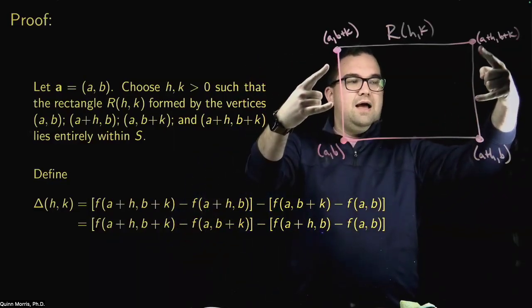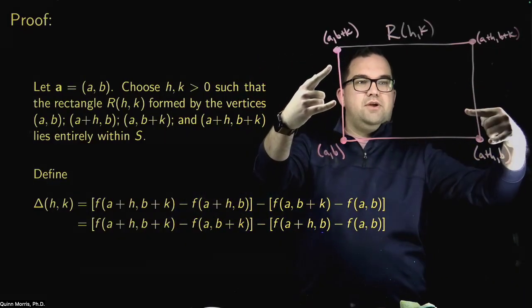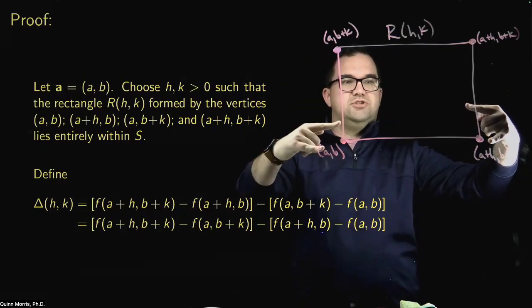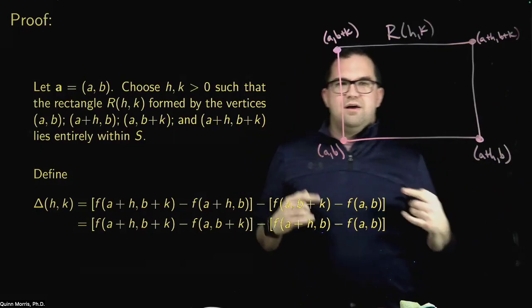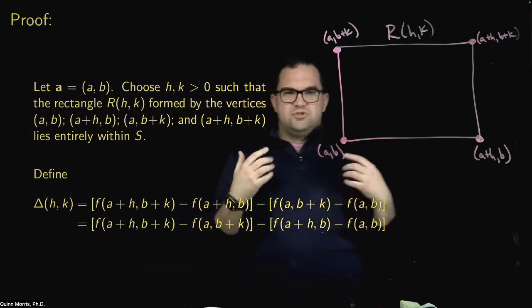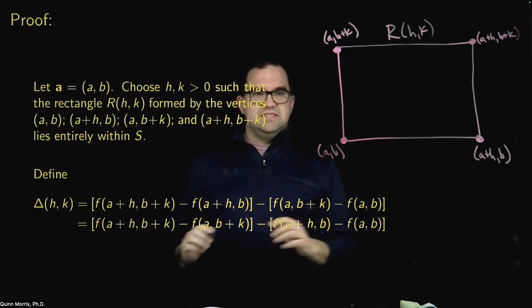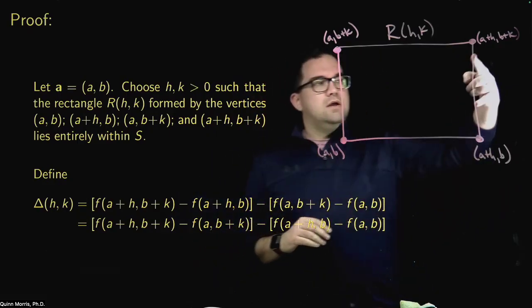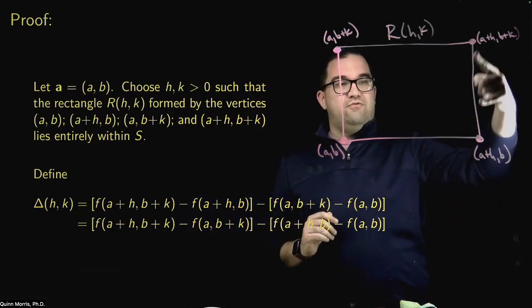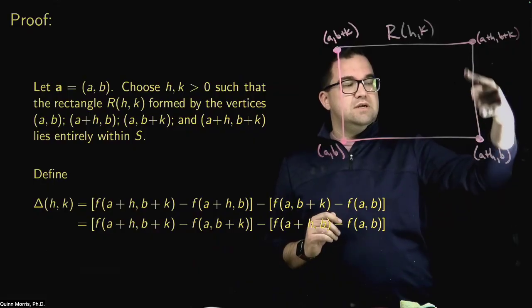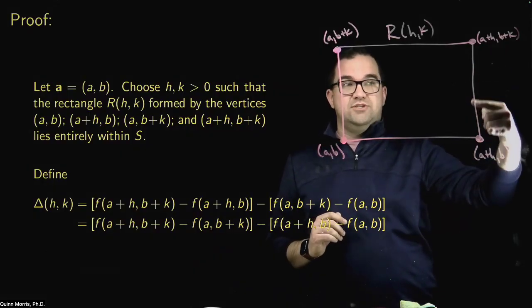So I'm looking at how much f changes from here to here versus how much it changes from here to here. Okay. Now, if you think about that for a minute, that actually starts to sound something like a second derivative. Each of these differences is capturing information about how the function f changes as y changes, right?